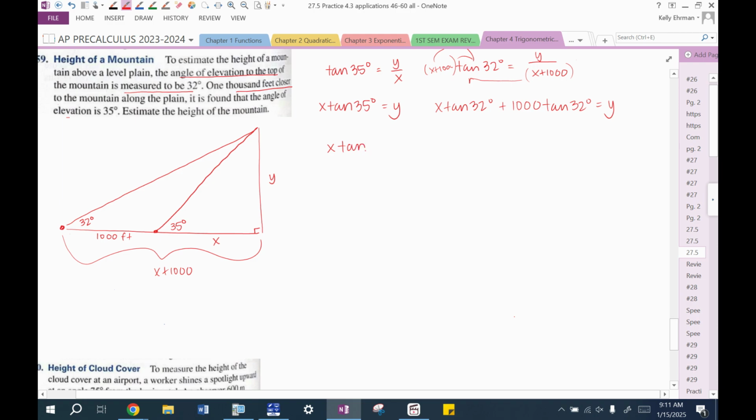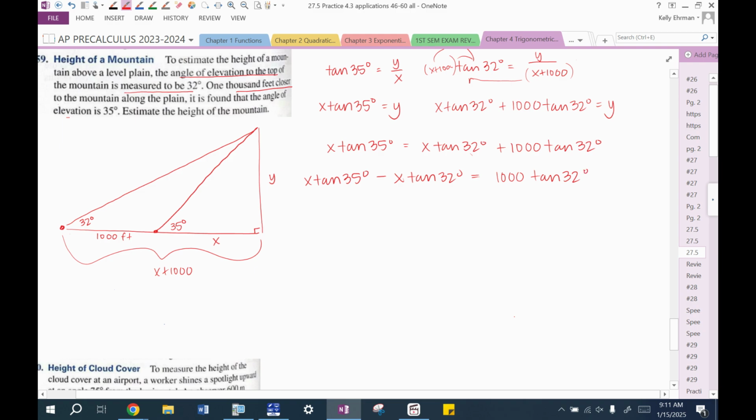So x tangent of 35 is equal to x tangent of 32 plus 1,000 tangent of 32. Get your x's on the same side, so x tangent of 35 minus x tangent of 32, so I just moved this over, is equal to, keep a non-x on the other side, 1,000 tangent of 32.